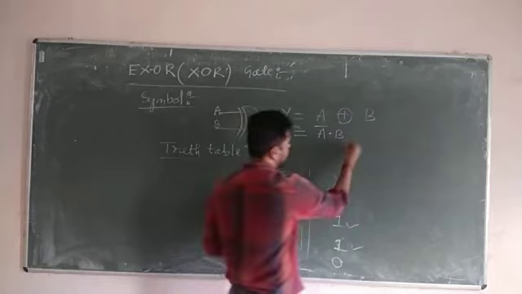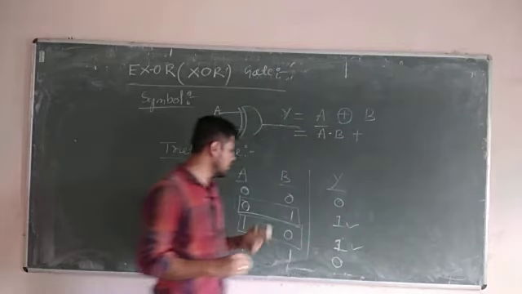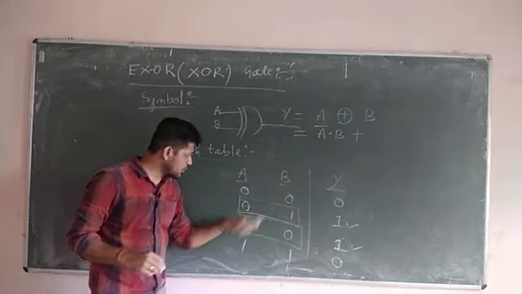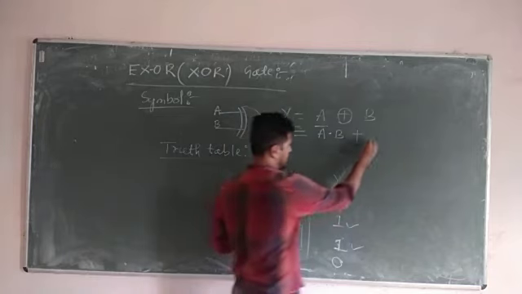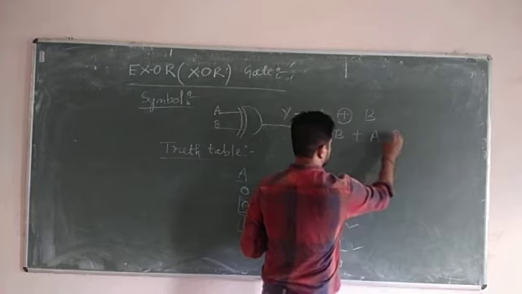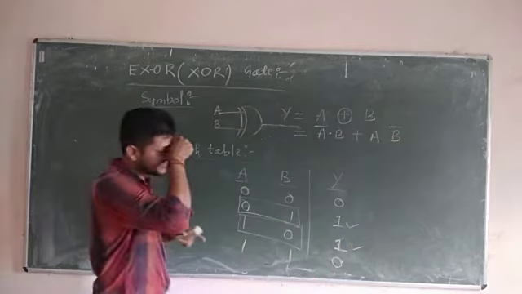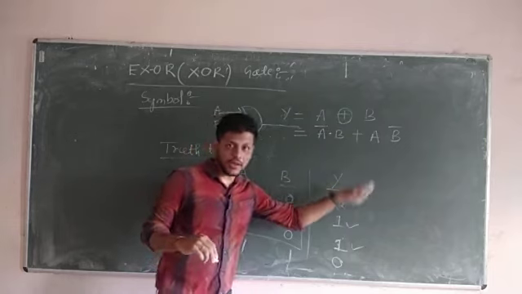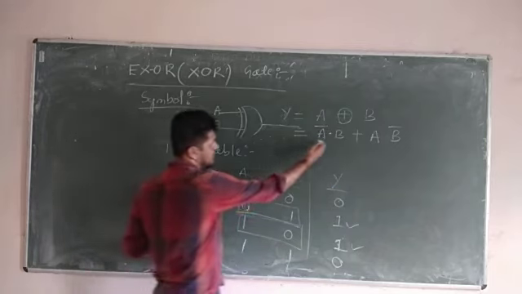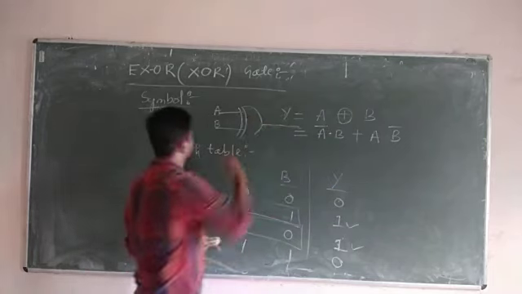Or in what other case the output will be 1? That is when A is equal to 1 and B is equal to 0, so I can write A B bar. These are the two cases where we find the output will be 1. Hence I have written this expression for your XOR gate.